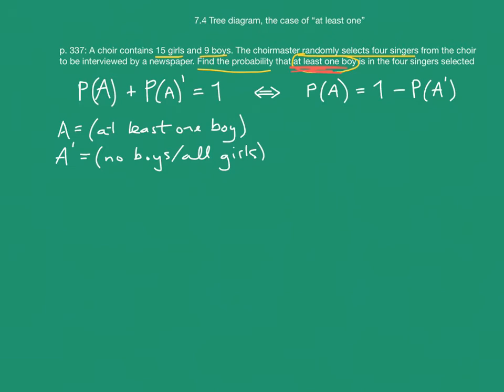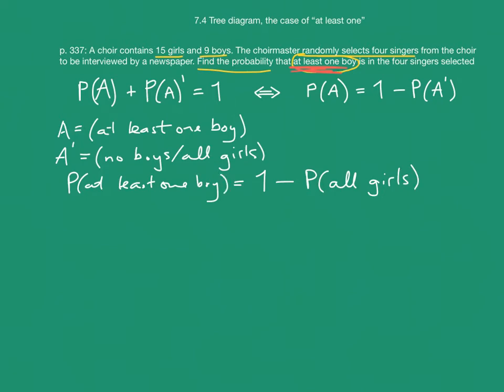So when we want to find the probability of at least one boy, what we should do is look for 1 minus the probability of all girls.